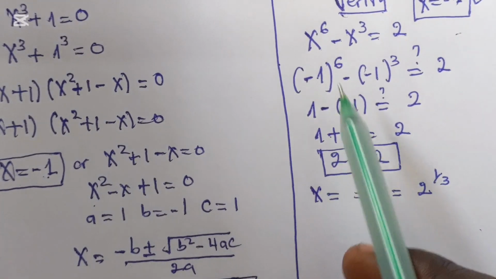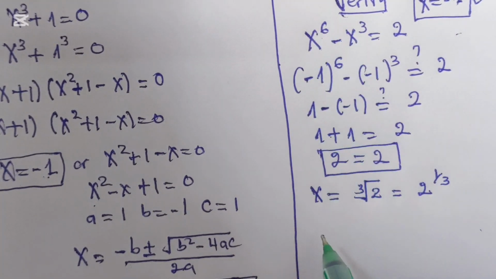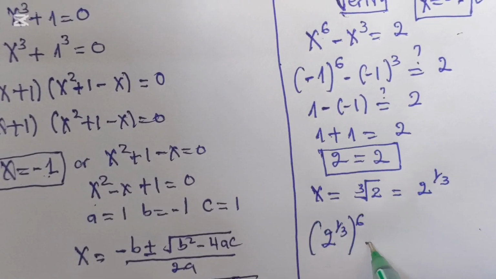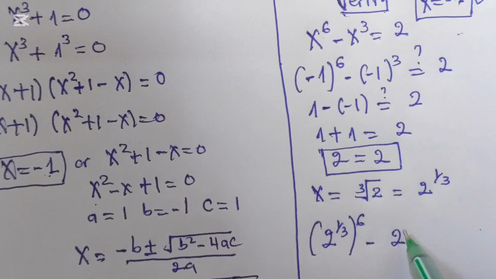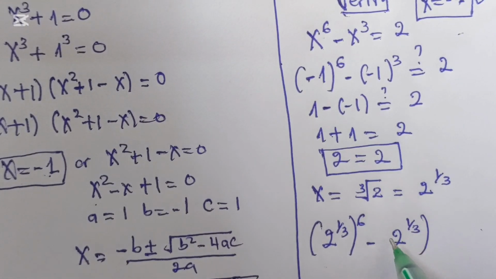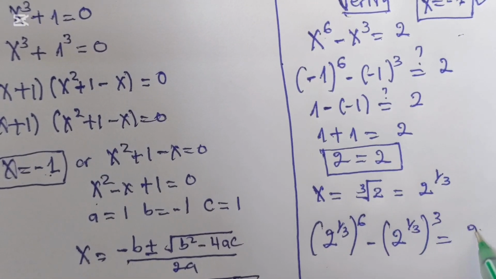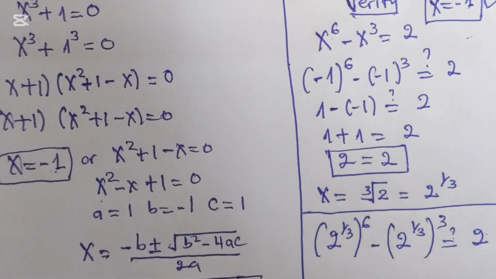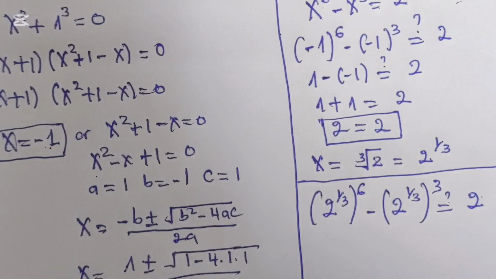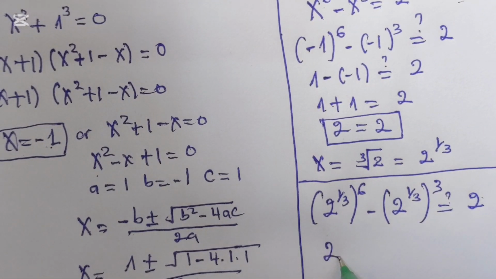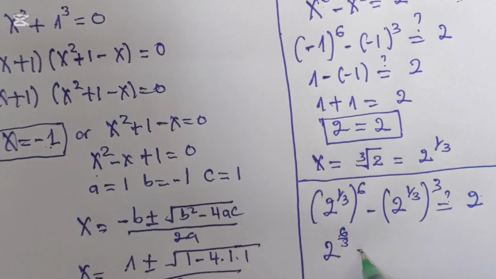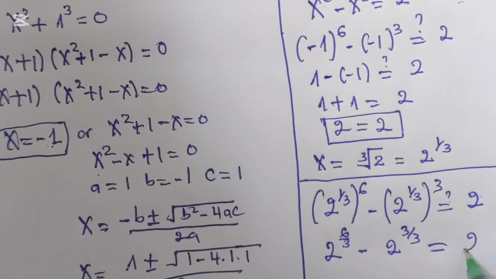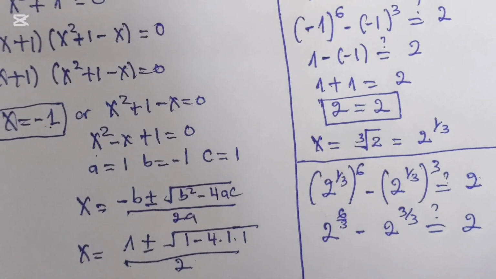Whereas here we have x to the power of 6, which is equal to 2 to the power of 1 over 3, then power 6, minus 2 to the power of 1 over 3, then power 3, is equal to 2? So this will be equal to 2 to the power of 6 over 3 minus 2 to the power of 3 over 3 is equal to 2?